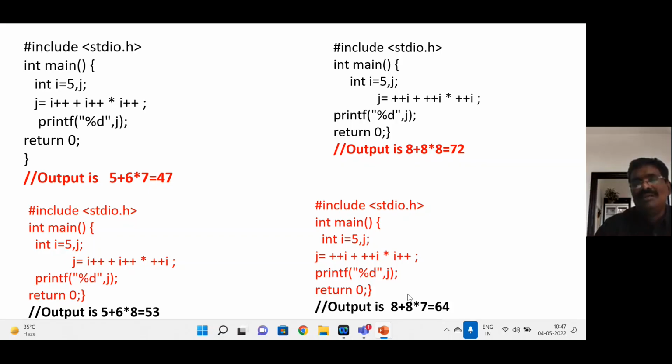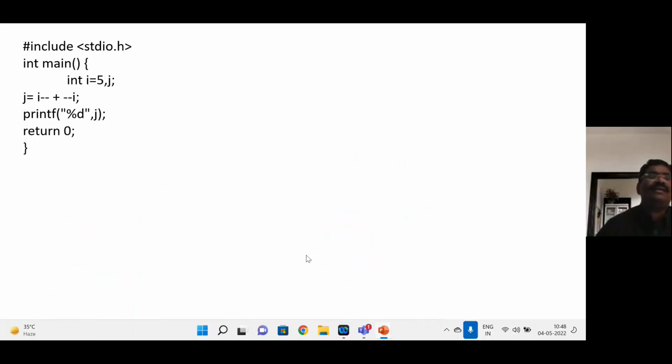And before that, these are used in the expression: 2 increments, 1 and 2, that is 2 plus 5, equal to 7. You are getting 8 and 7. Because in the expression it is evaluated from left to right, but in the printf statement it is right to left. So you got 64, right?